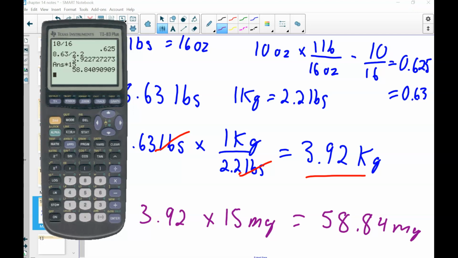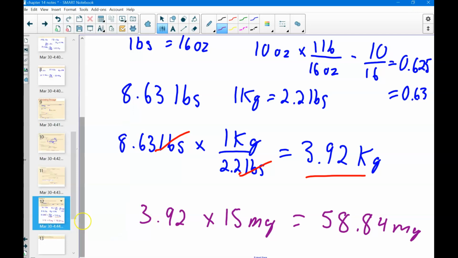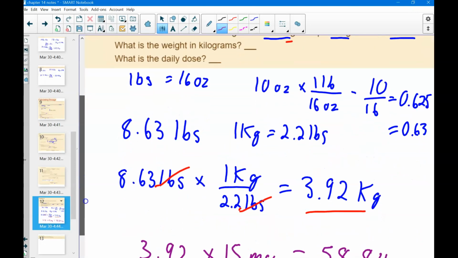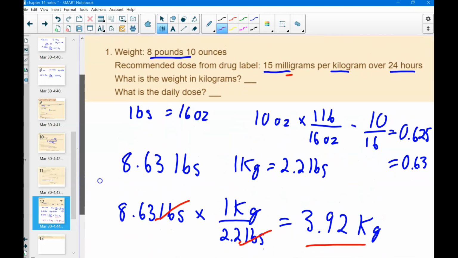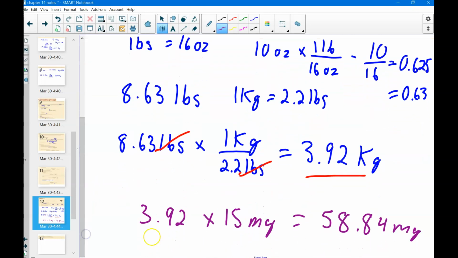And that would be our daily dose. 15 milligrams per kilogram. We have 3.92 kilograms, 15 milligrams for each one. Daily dose.